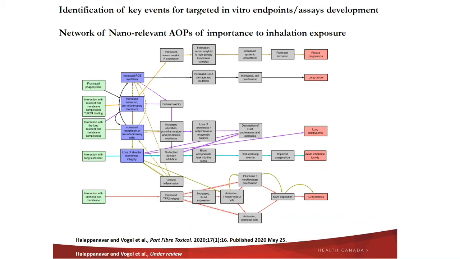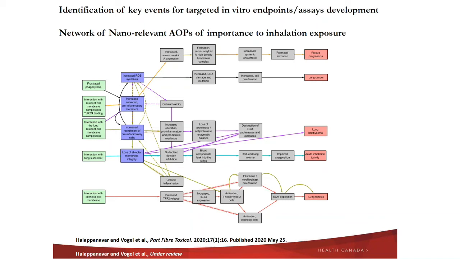As you see here, the KEs of inflammation, the molecular initiating events, oxidative stress, as well as tissue injury form the KE nodes. So here you have 2 choices. One, you use the individual KEs in the linear AOPs that I showed you in the previous slide to design targeted in vitro endpoints and assays, or use the information from the network of AOPs as shown here and focus on the KE nodes from the network for designing the targeted in vitro endpoints or assays.